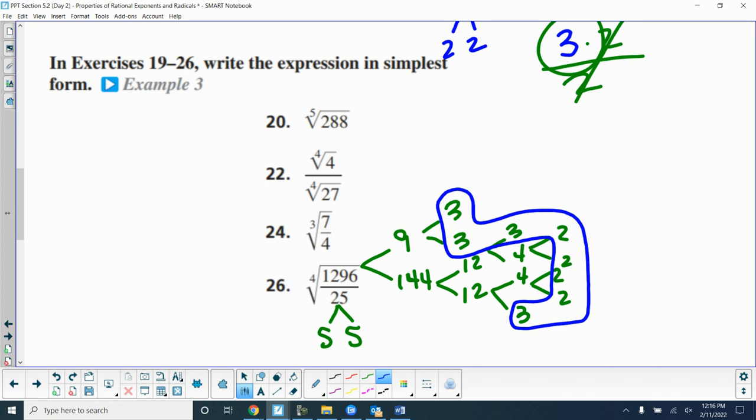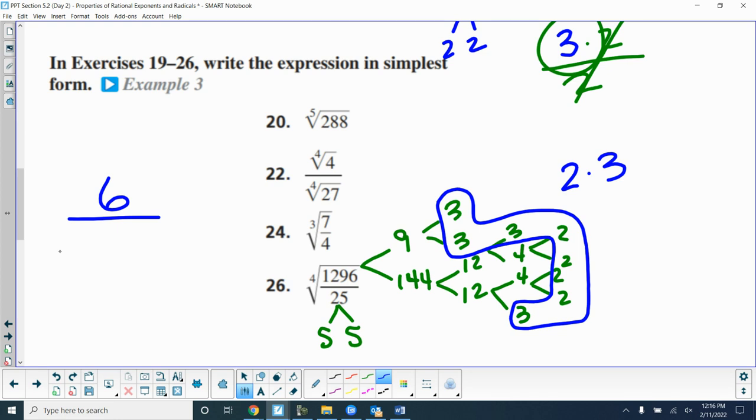So, do I see 4 of anything? Yeah, I see 4 what? 2s and 3s. So what's the 4th root of that? 6. Okay? So the top's just 6. You with me? Yeah. Okay.